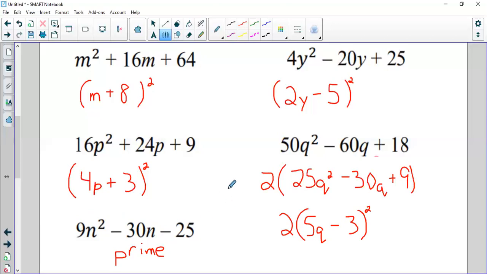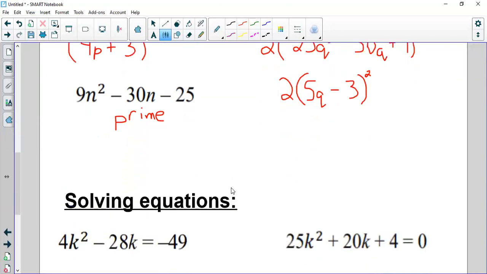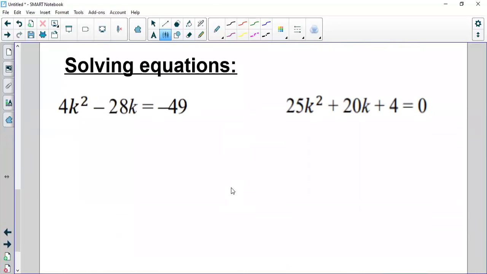All right, let's see how it applies to equations. This makes equations really easy. First of all, your equation has to equal 0. So I'll do this one first because it equals 0. Great. Is the C term positive? Yes. Is A a perfect square? Yes. Is C a perfect square? Yes. All right.